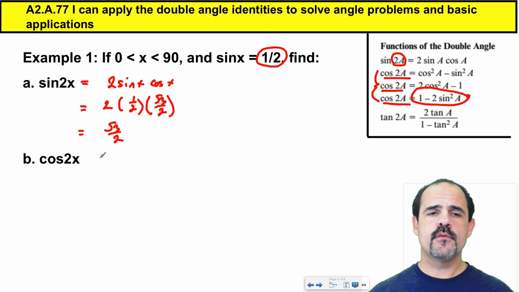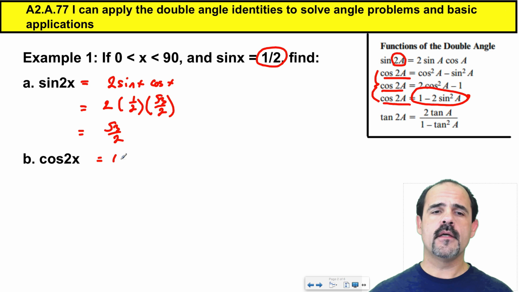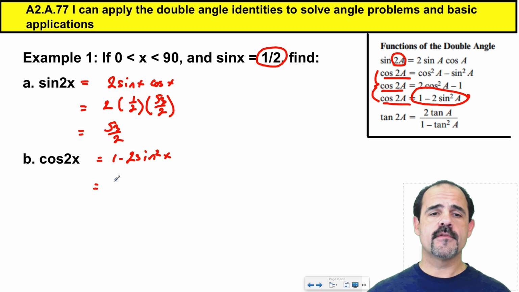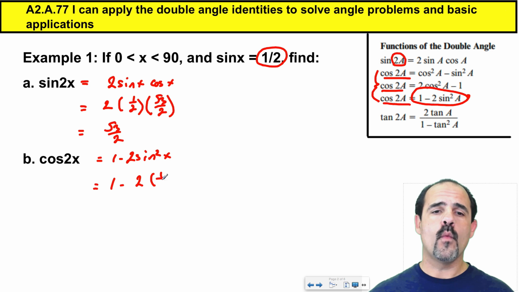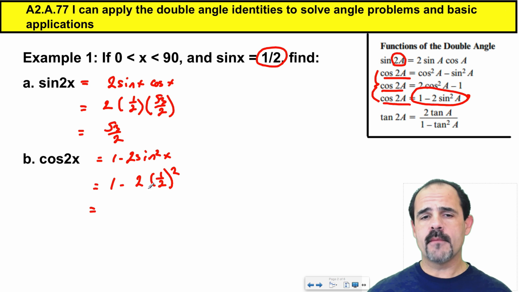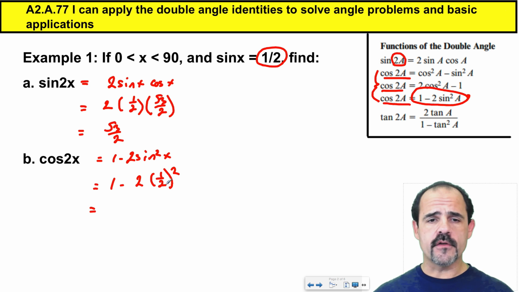So the cosine of 2x is going to be equal to 1 minus 2 times the sine squared of x. Now we know what the sine of x is, so it's going to be 1 minus 2 times 1/2 squared. Just be careful with your order of operations. Do the exponents first. 1/2 times 1/2 is a quarter.